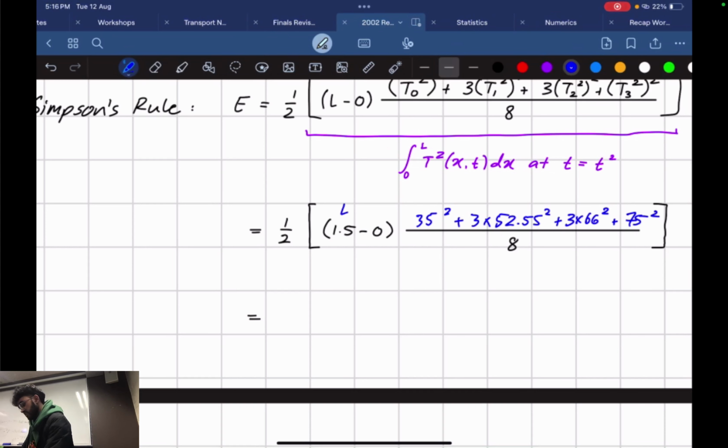And we know that L is equal to 1.5 and the initial value is 0. So you put this in your calculator.